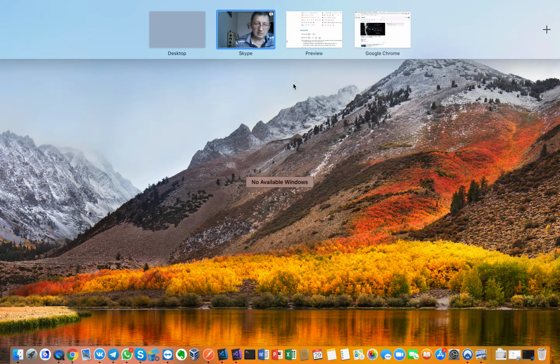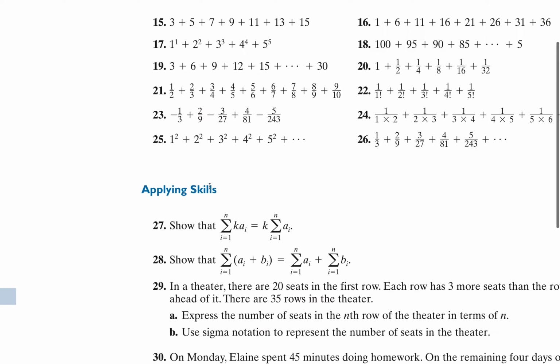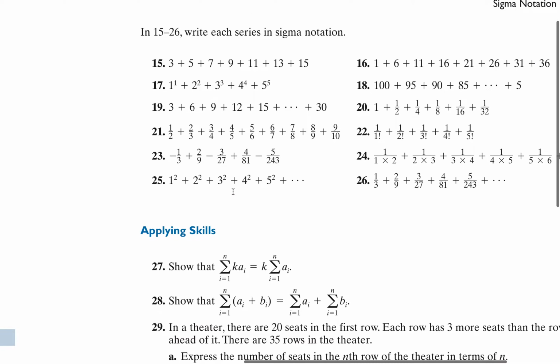How would you write down this sum in sigma notation? The sum is infinite. It starts from 1 and goes forever.